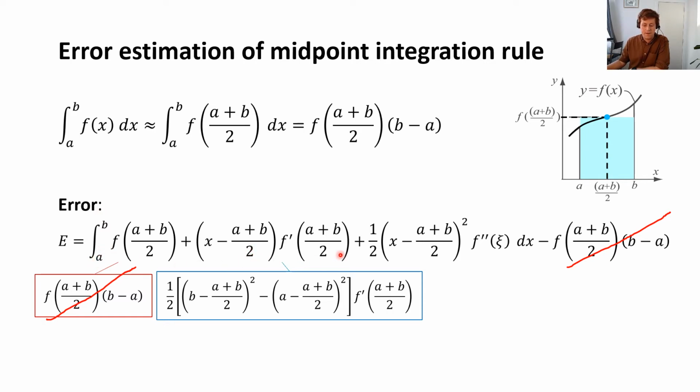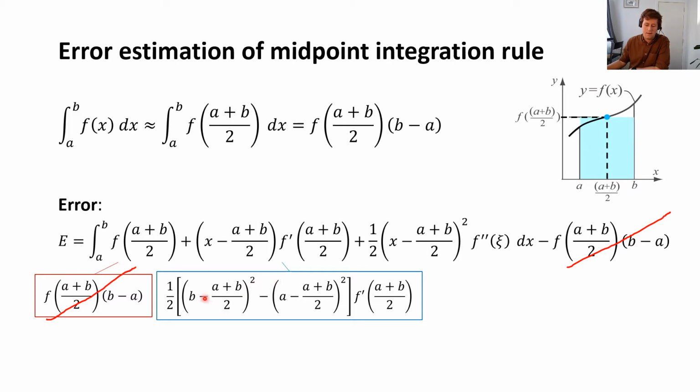So after integration, this term simply becomes the term in the blue box over here. And if we actually take a look here, well, the first term, that's b minus a plus b over 2. So that will be b over 2 minus a over 2. Over here, this will become a over 2 minus b over 2.